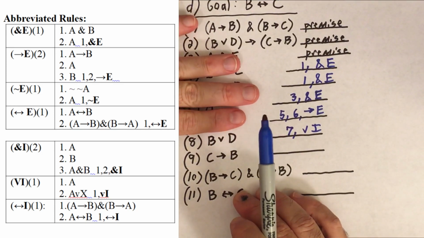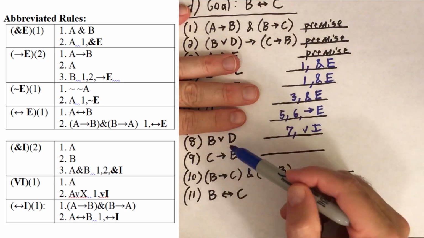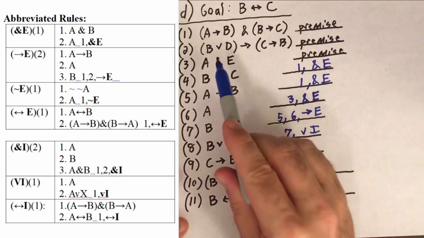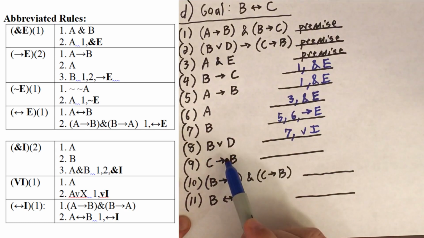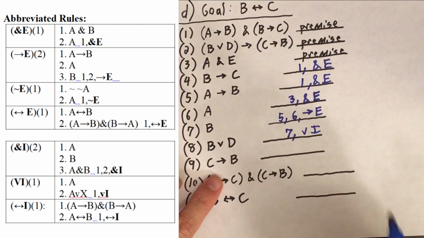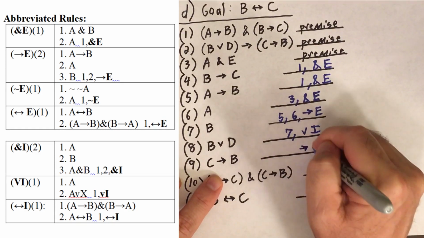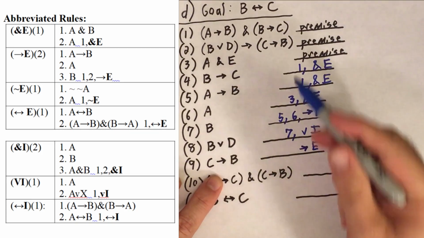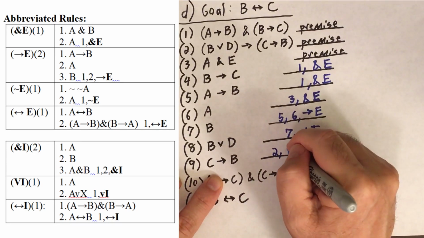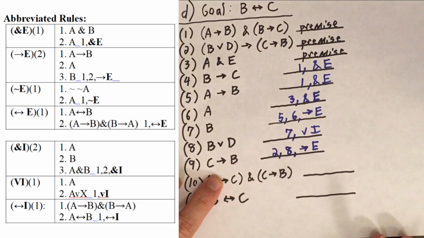If I can get rid of all those lines and just look at 2 and 8, I see a pretty simple proof. Line 2 says, if B or D is true, and it is, then C conditional B is true. What did we do? We took apart the conditional elimination. We took apart the conditional in 2 because we proved the left side in line 8. That line is now justified.